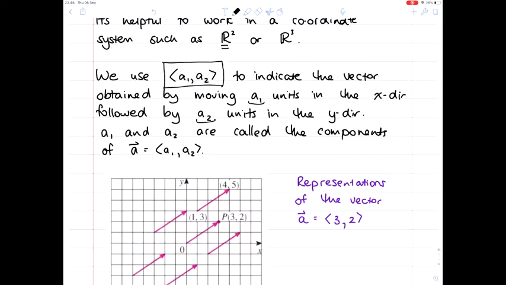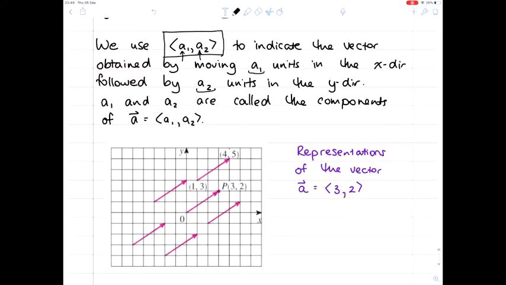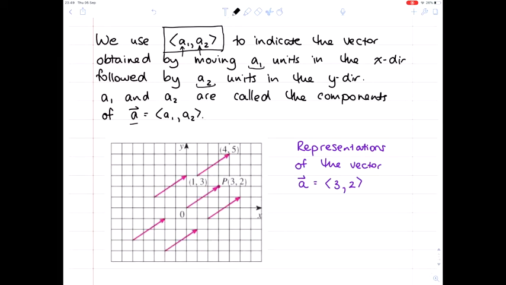So we've got little angle brackets, and this says go A1 units in the x direction and then A2 units in the y direction. A1 and A2 are called the components of our vector A, and sometimes you'll call them the x component and the y component.